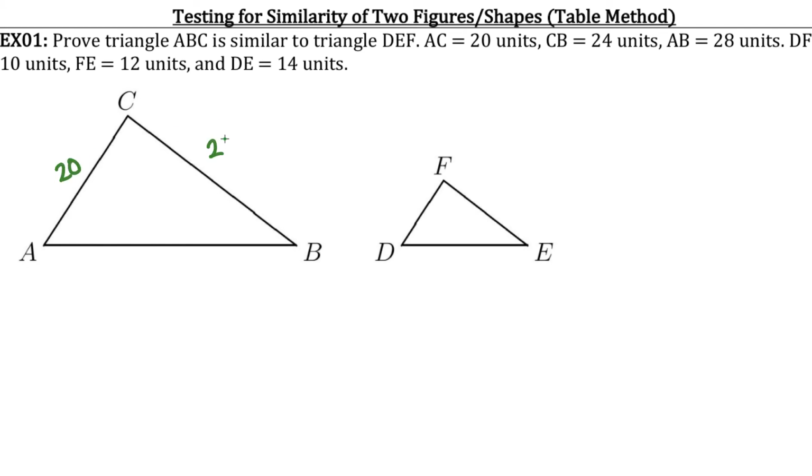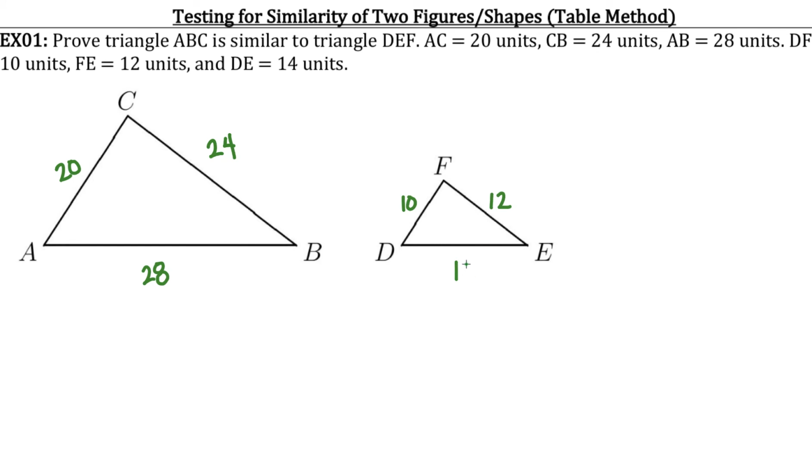CB is 24 units. AB is 28 units. It says DF equals over here 10 units, so DF is 10 units. FE is 12 units. And DE is 14 units. That 10 looks a little weird, so I'll fix that. 10 units, 12 units, 14 units.